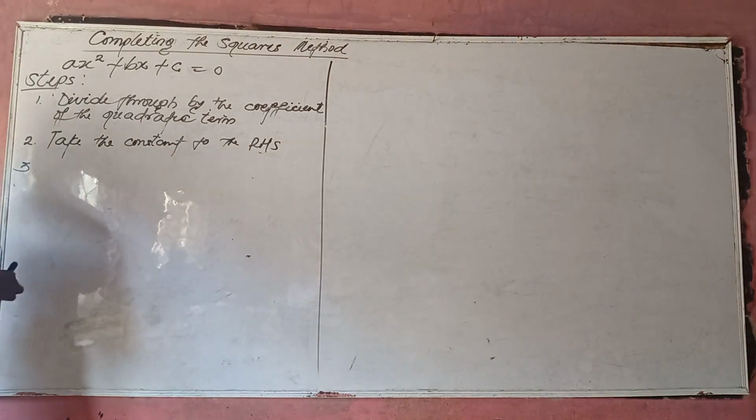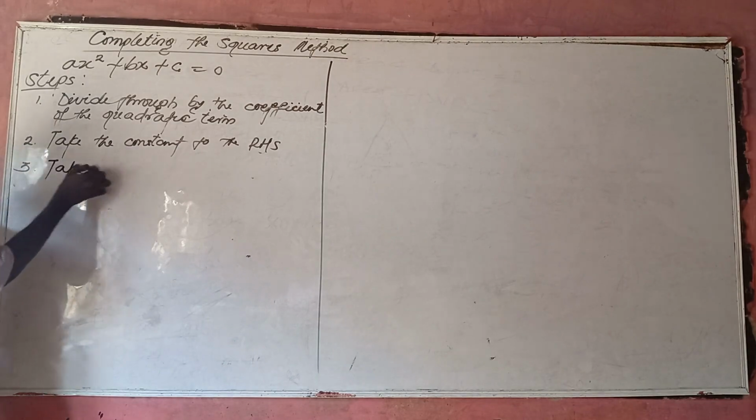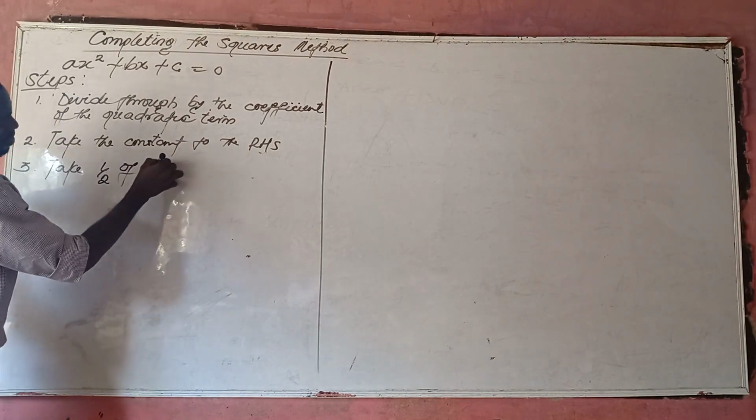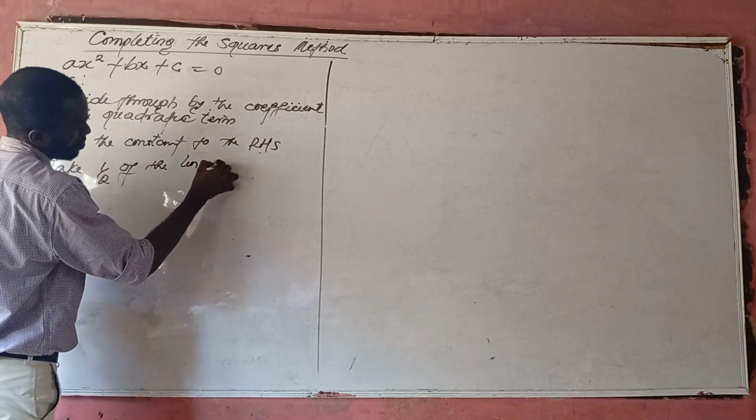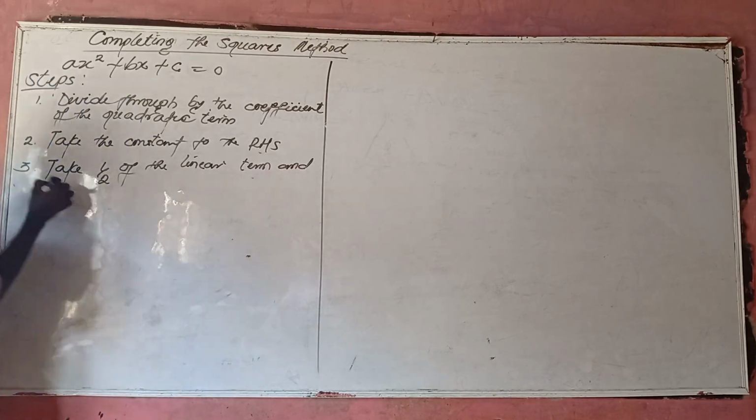So step 3 says you should take half of the linear term and square it.